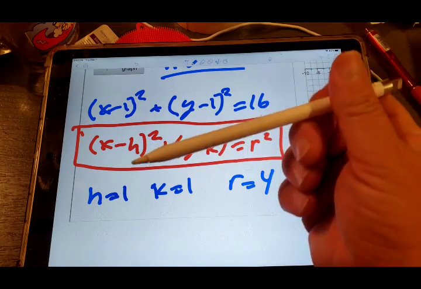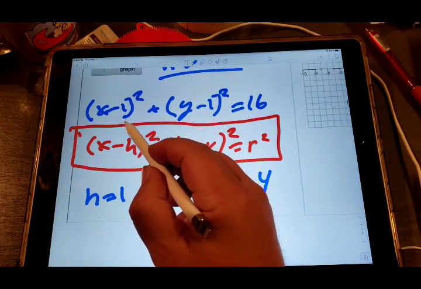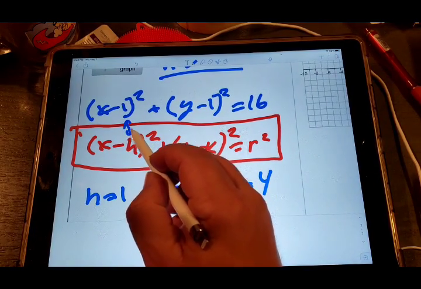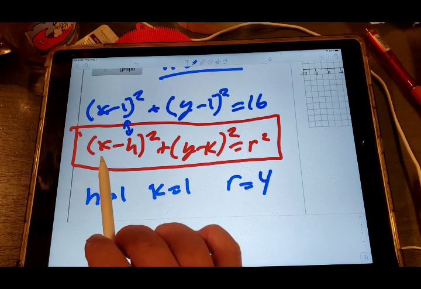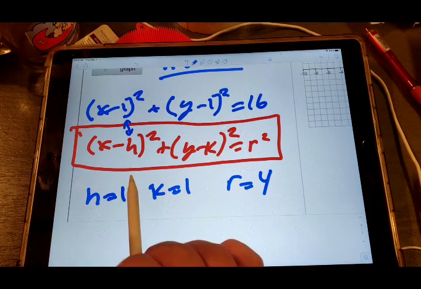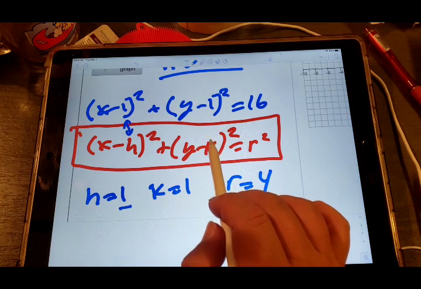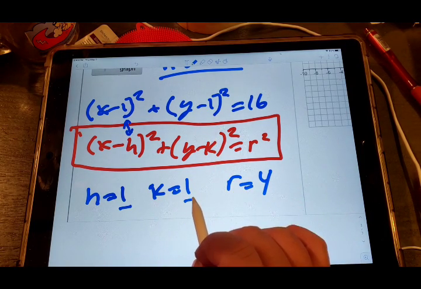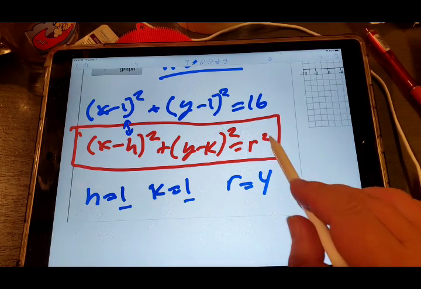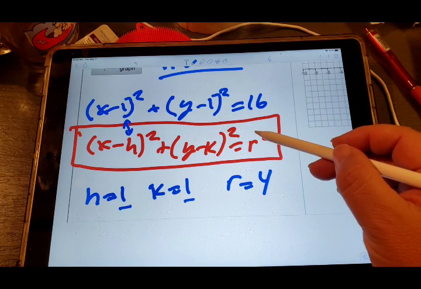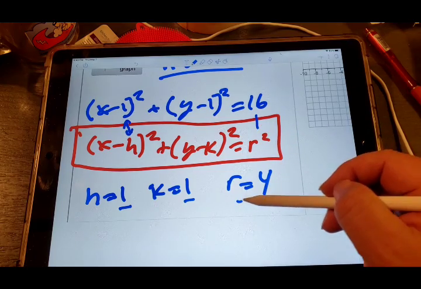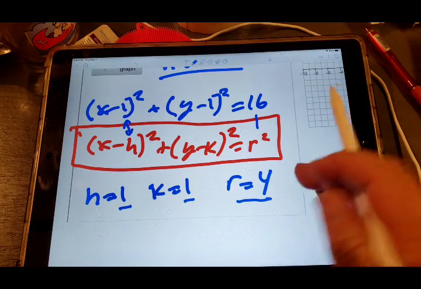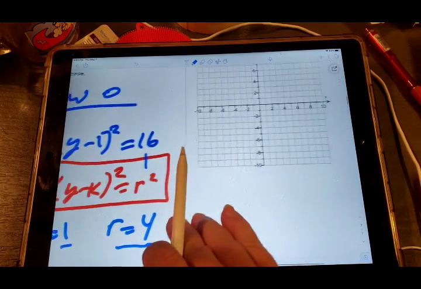And so you do some matching, and x minus 1 squared matches up with x minus h squared, so h is 1. Similarly, k is 1. And r squared matches up to 16. So if r squared is 16, r is 4. And that's all we need to graph this.